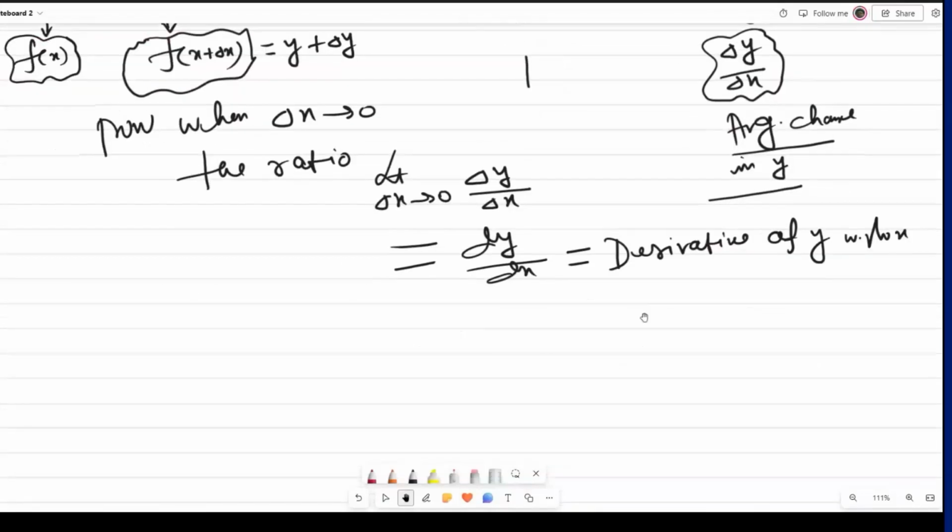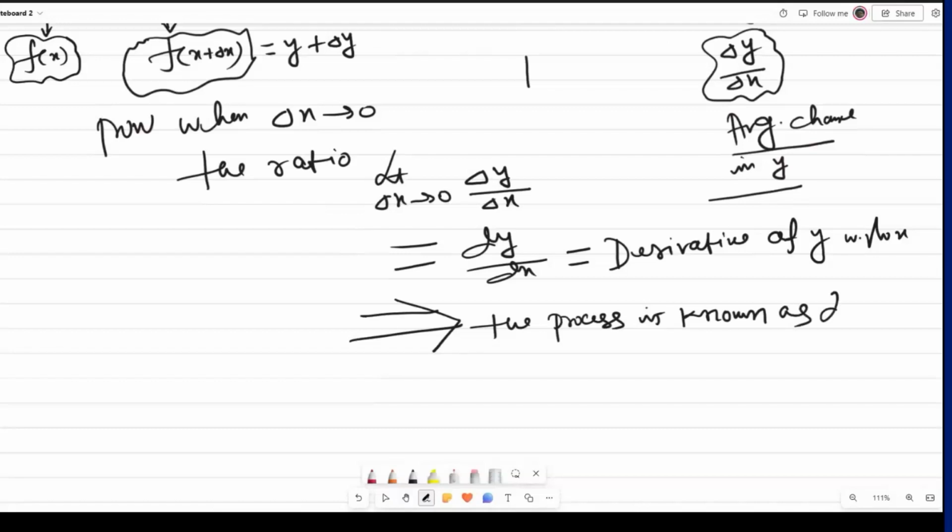Somebody has calculated the derivative in this manner, then this process is referred to as, the process is known as differentiation.